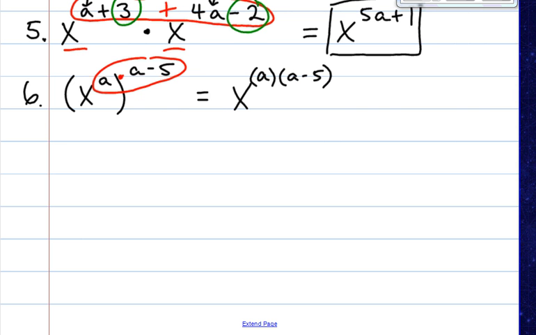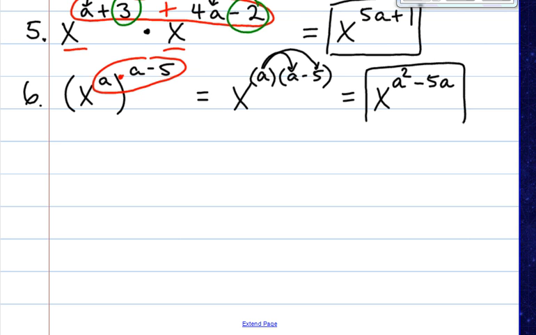Notice I put both of those in parentheses, so I make sure it looks like I'm multiplying them. Now when I multiply, this first a is going to have to distribute inside those parentheses. That's what you do when you multiply. So a times a is a squared minus a times 5 is 5a. And that's my answer. And we'll do one last example.